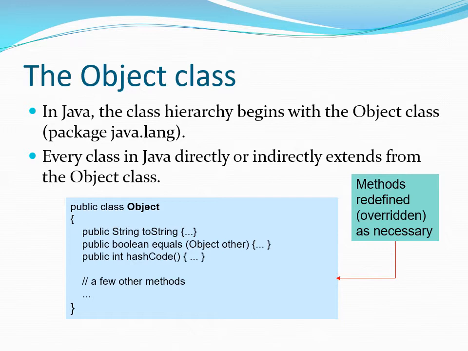So int hashCode will return the hash code value of this particular object. These are some of the methods that are there in the Object class, and they have their default implementation. Now, if you want to override these methods, what should we do? Let's see that.